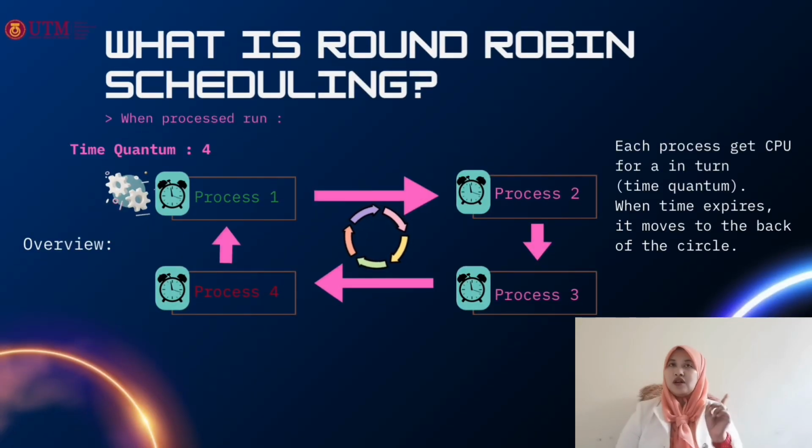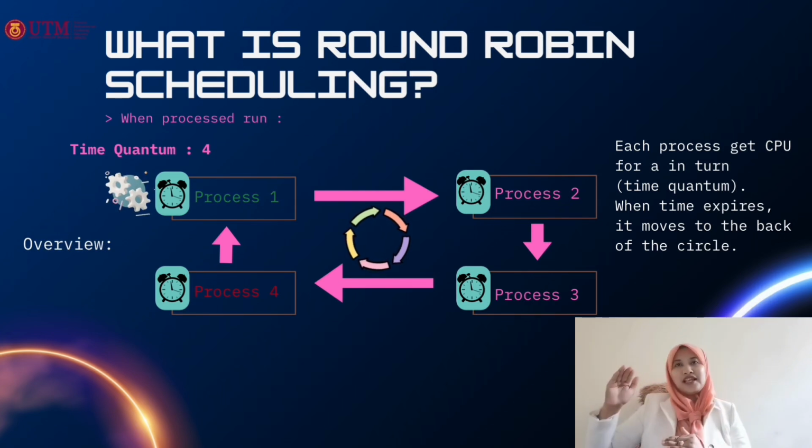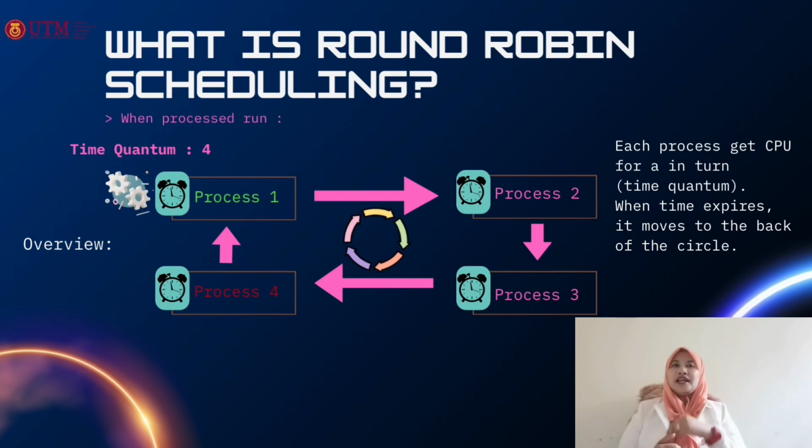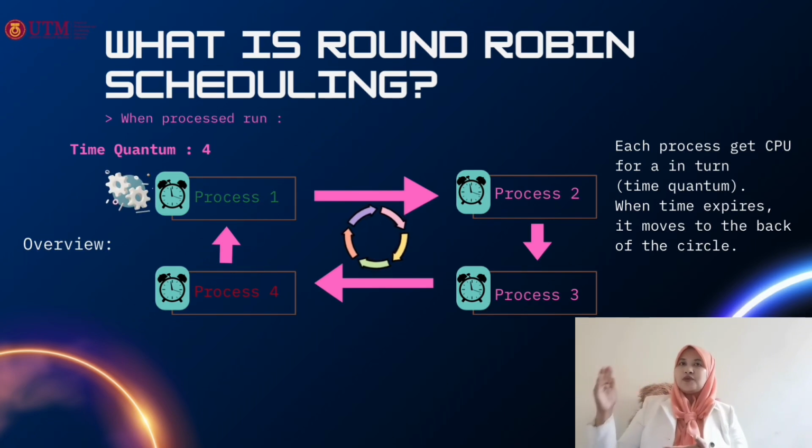What is round robin? Let's begin with round robin scheduling. This algorithm assigns each process a fixed unit of time called a time quantum. When a process's time quantum has expired, the CPU passes to the next process in the queue.